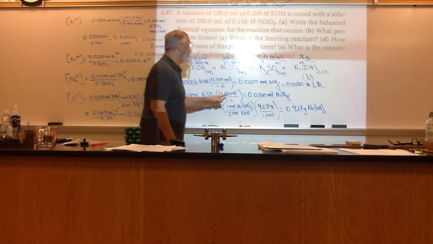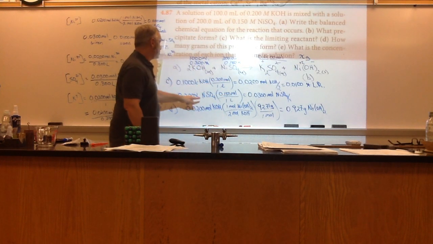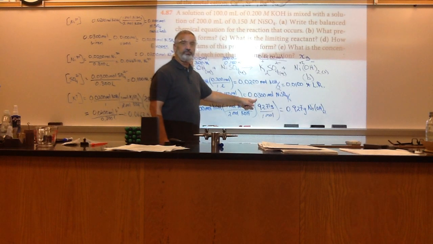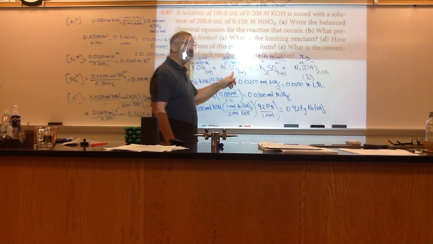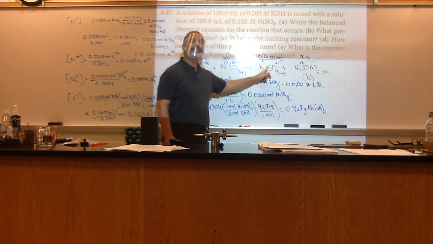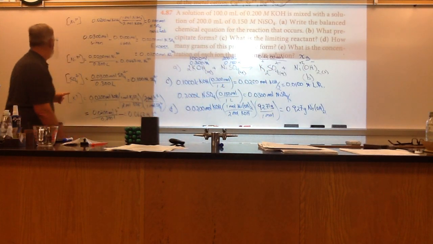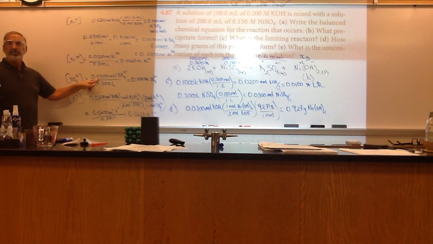But of my nickel sulfate, I had 0.03. So how much was excess? 0.02. So you got 0.02 still from here that didn't react. You got 0.01 that did react. So together you're going to have the 0.03 moles of SO4 2 minus still in solution.